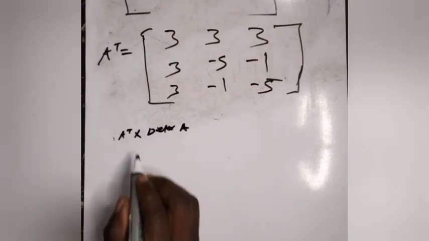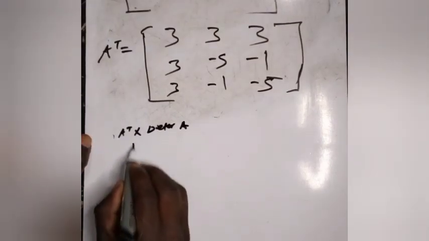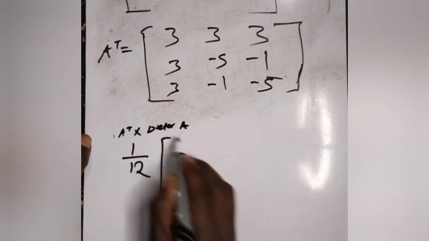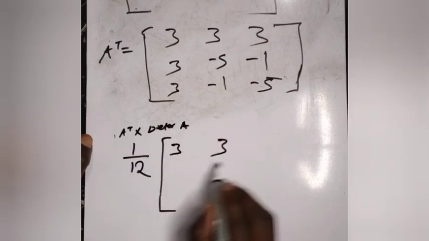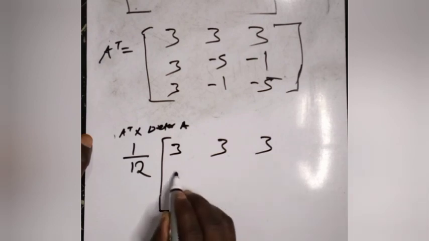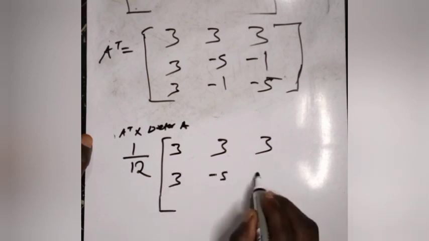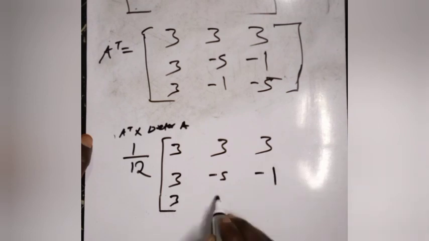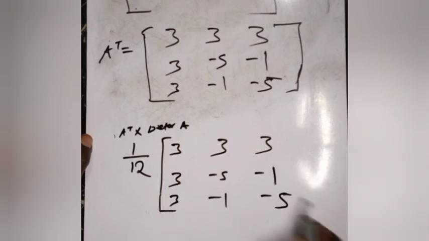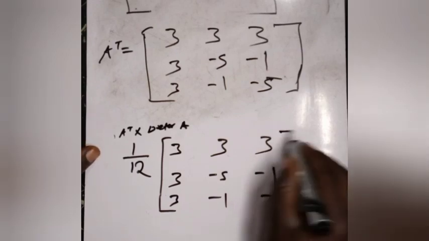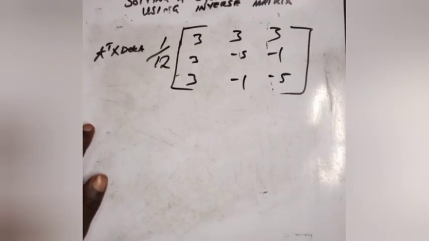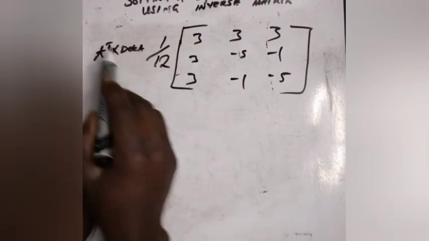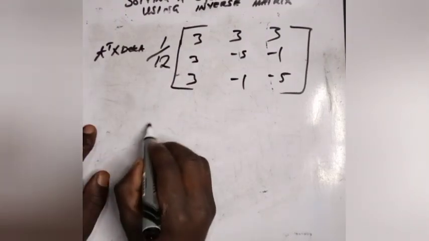So it will be 1/12 times 3, 3, 3, 3, minus 5, minus 1, 3, minus 1, minus 5.